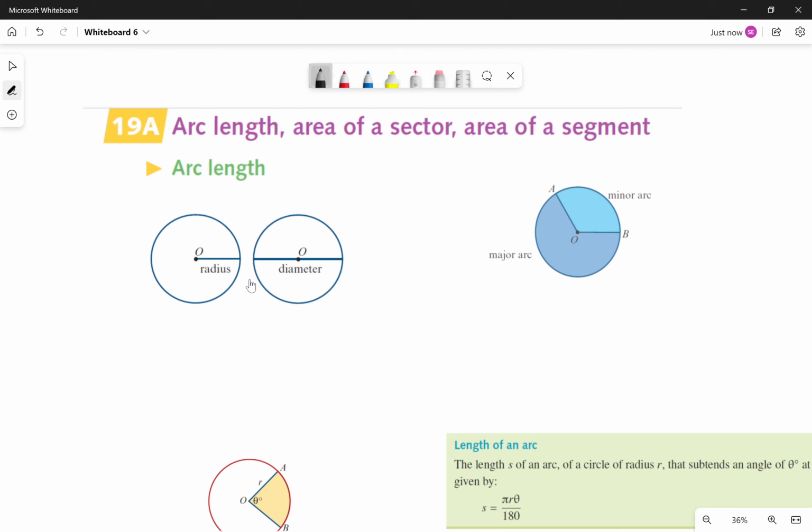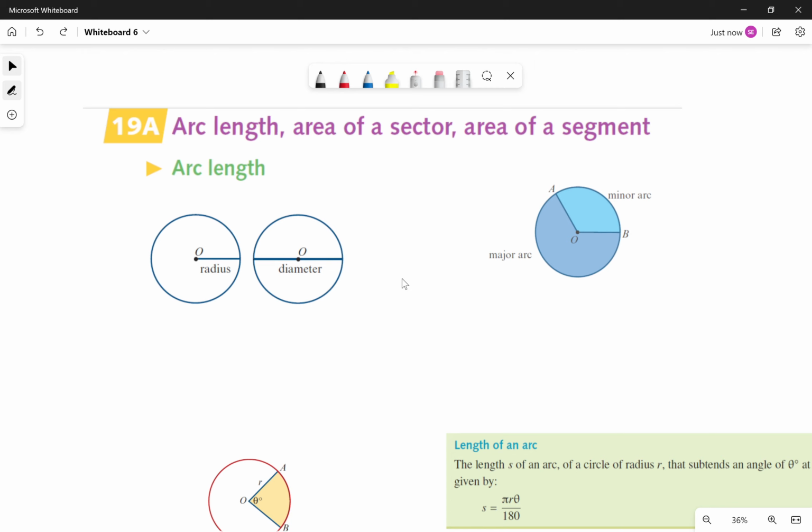So the radius is half the length of the circle. The full length, so between 2 points that pass through the center, is the diameter. So if the diameter is 10, then the radius would have to be 5. Okay, so that's just good to keep in mind.